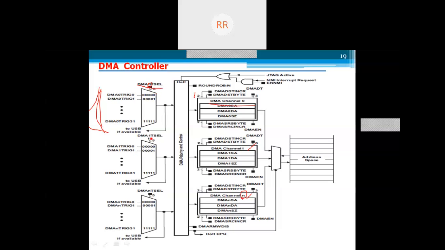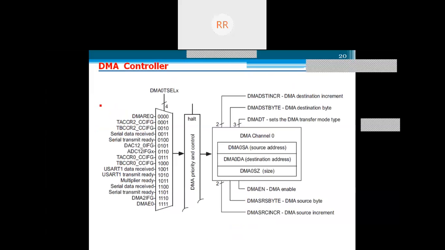By programming these 5 bits in the control register, we can select any one of the input lines to be connected to the DMA channel for the data exchange between the devices.